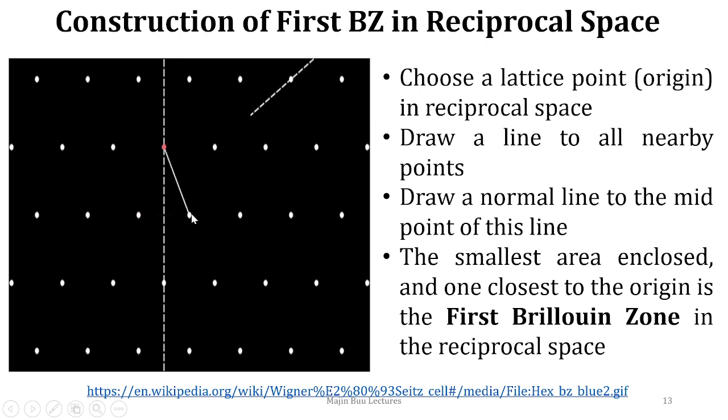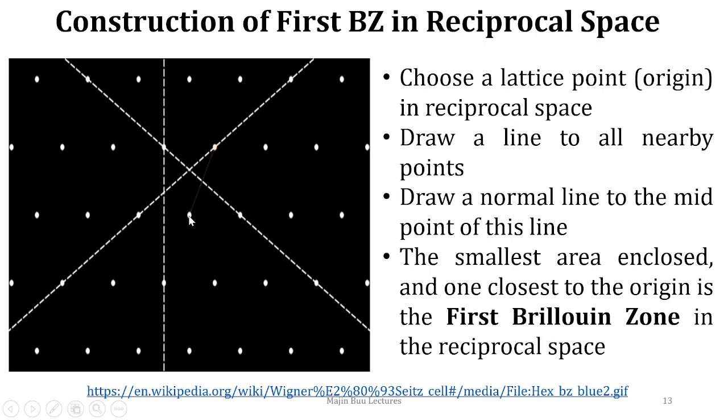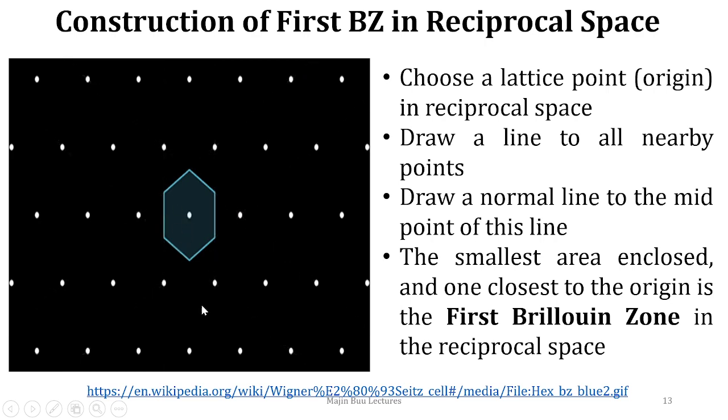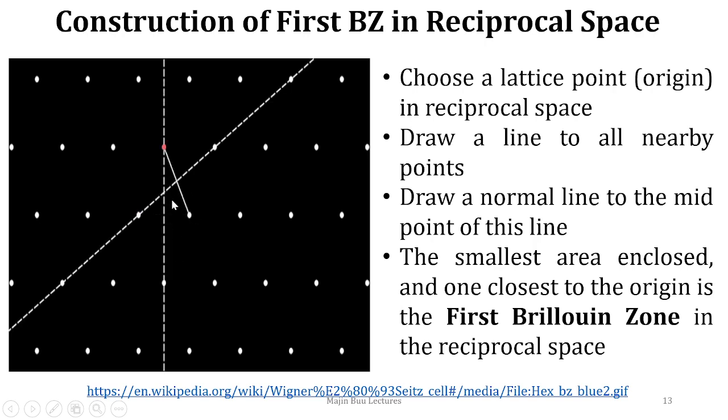Say you choose a particular origin point as shown here, and you connect to the most nearby reciprocal lattice points, and you make some lines, and you essentially draw a normal to that. So I'll just repeat it once again. You draw a line to the most nearby points, and you draw a normal to that, as seen here.